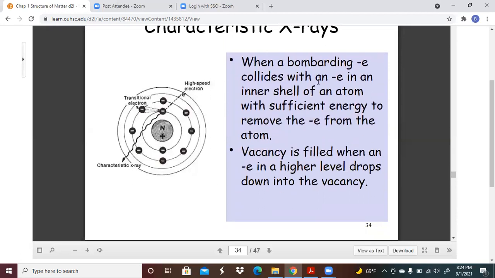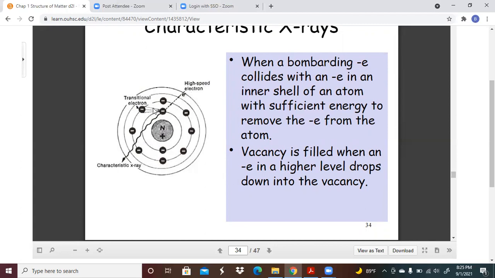When a bombarding electron collides with an electron in an inner shell of the atom with sufficient energy to remove it, then you've got a vacancy. So you've got some high-speed electron coming in to the atom, and you have, boom, some sort of energy imparted.